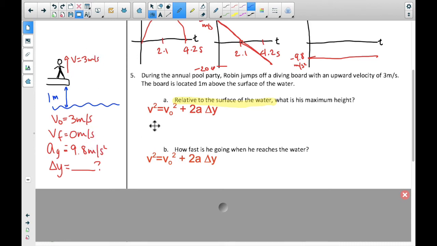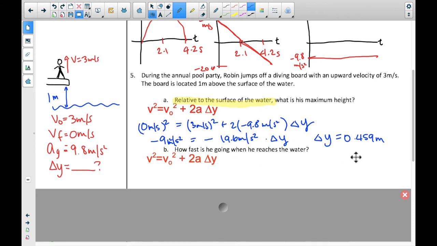So I can put in the final velocity being 0 meters per second and square that, and the initial velocity being 3 meters per second and square that. Of course, 9.8 meters per second squared is my acceleration, and delta y, that's what I'm looking for. So I'm going to go ahead and use that equation. So I'm going to take some time with my calculator and see what I get.